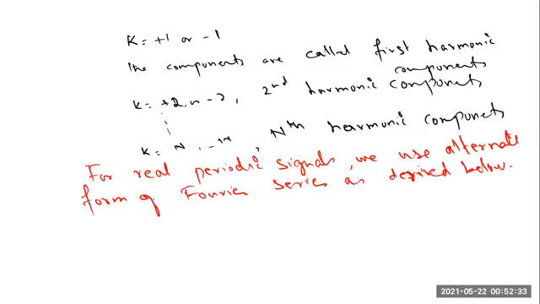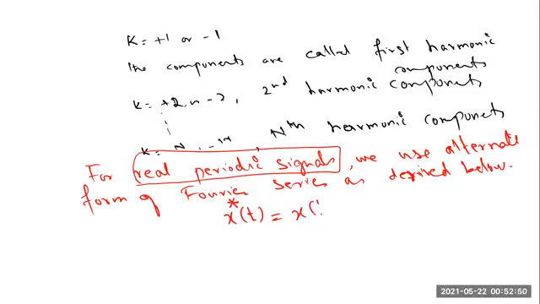First of all, when we are talking about a real periodic signal, what does that mean? It means that if x(t) is a real signal, even if I take the complex conjugate of that signal, there will be no change in the signal. So x conjugate(t) is the same as x(t). In other words, if you have a real number 2, and I ask you to take its conjugate, that must be equal to 2.